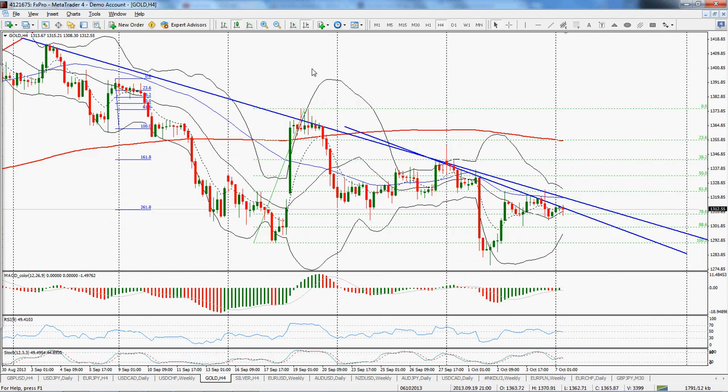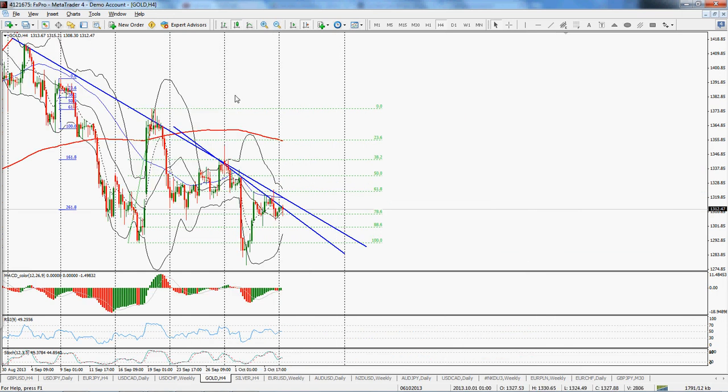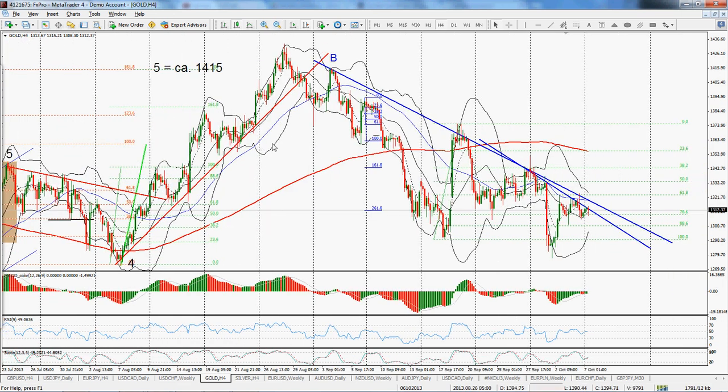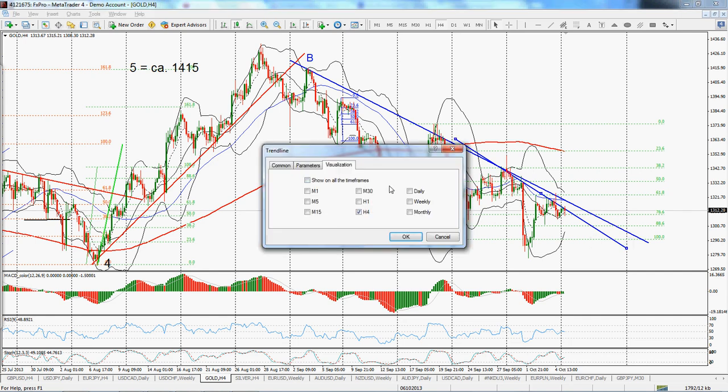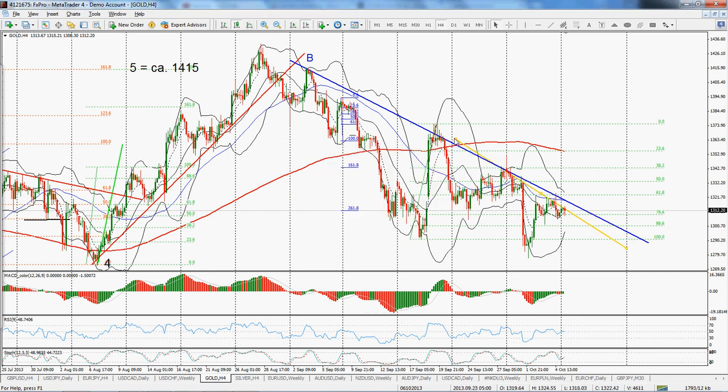Okay, there is another, in this case resistance line, a longer one. I will mark that one with a different color, just in order to show it to you. Good. So that is a resistance line.